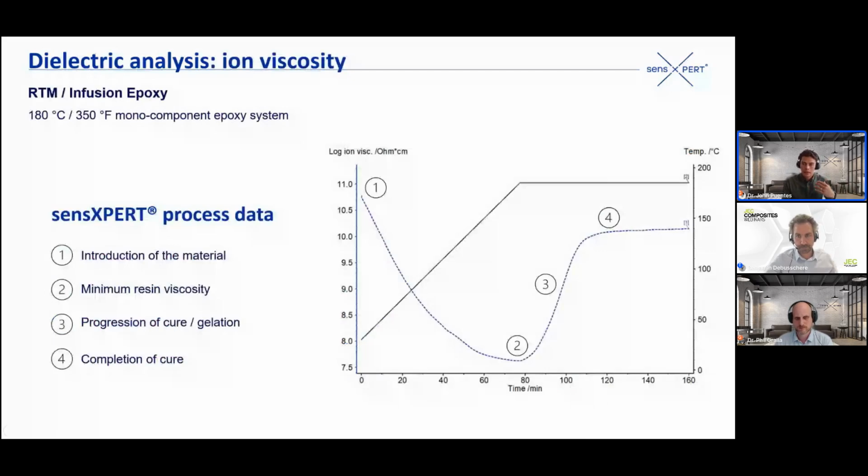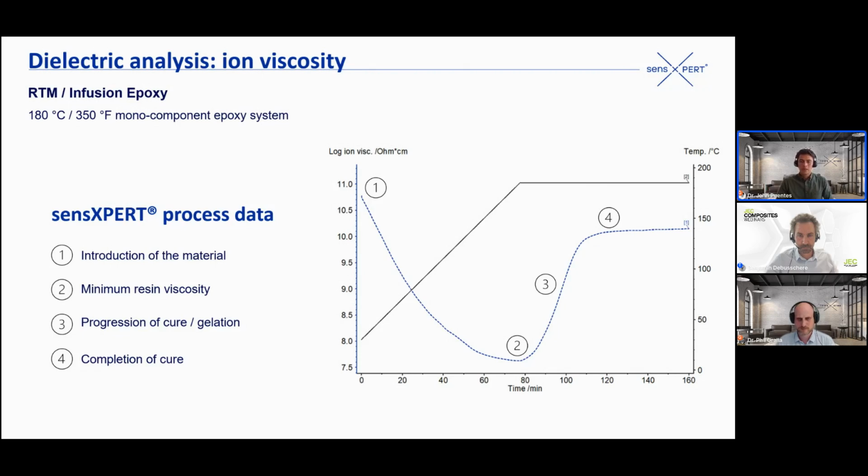When we are using dielectrics with the sensor that we just mentioned, in reality we are measuring two things: resistivity, and this resistivity has to do with energy loss in the material. And then we measure permittivity, and this is related to energy storage. Most of you in the mechanical field are familiar with storage and loss modulus, right?